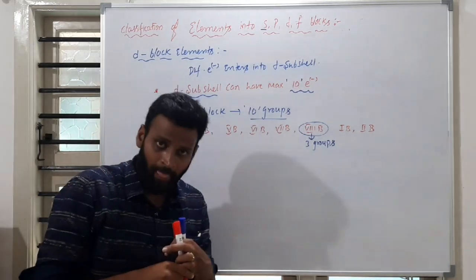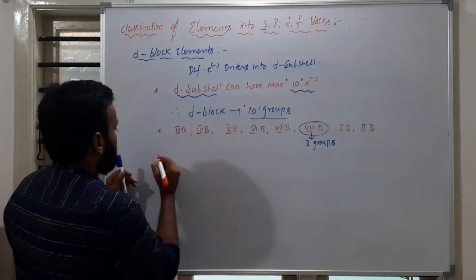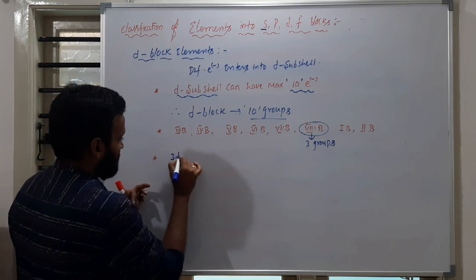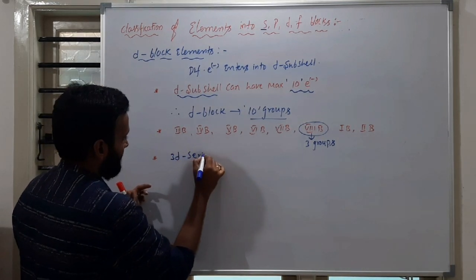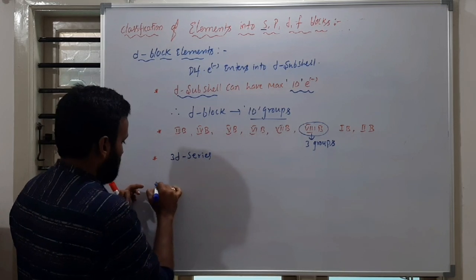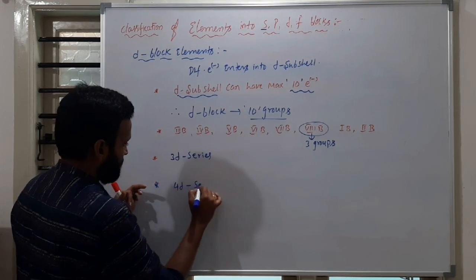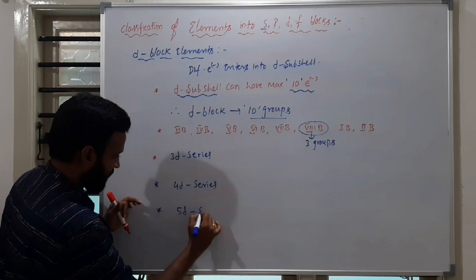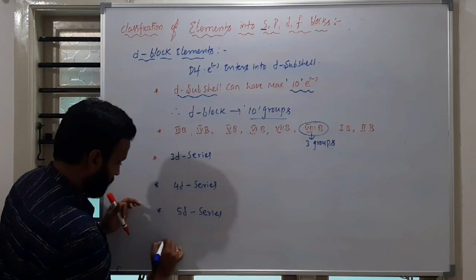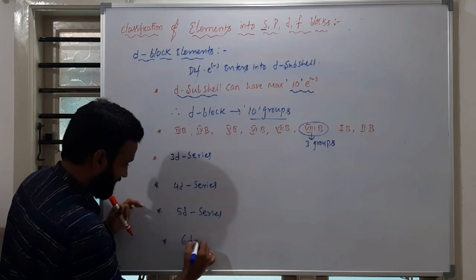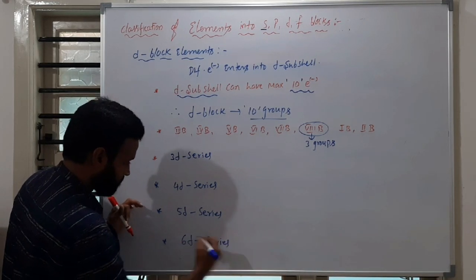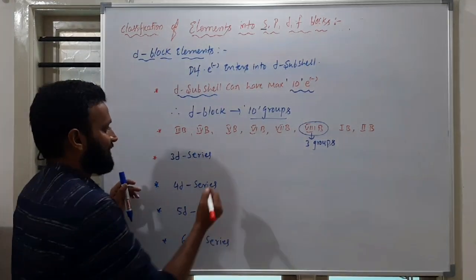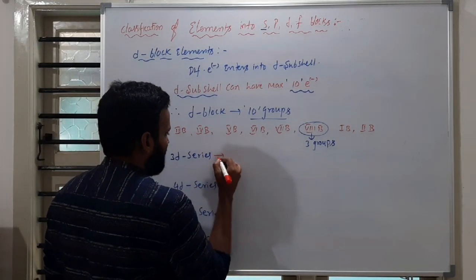Instead of groups, for D block elements it is better to understand them as series: the 3D series, the 4D series, the 5D series, and last and final the 6D series. What is the 3D series? I will write it completely.